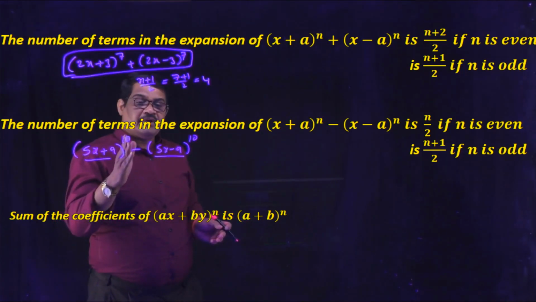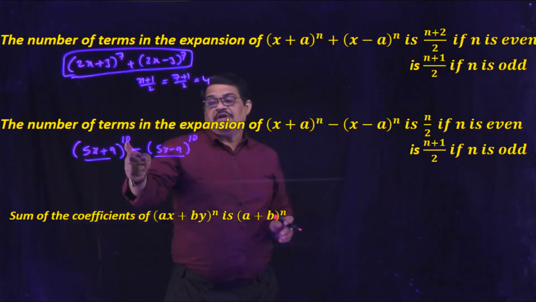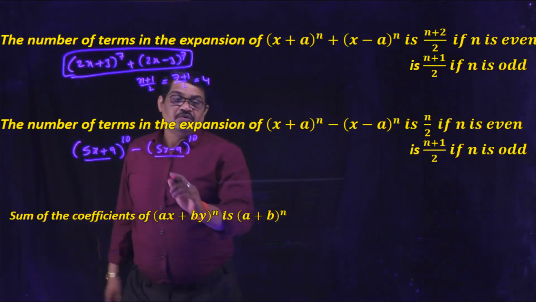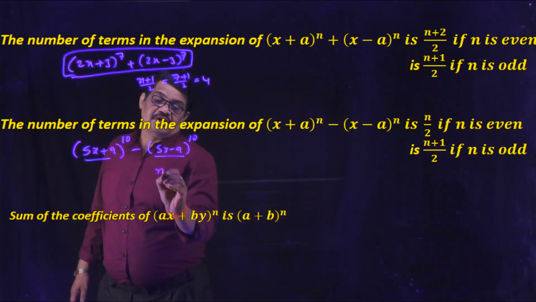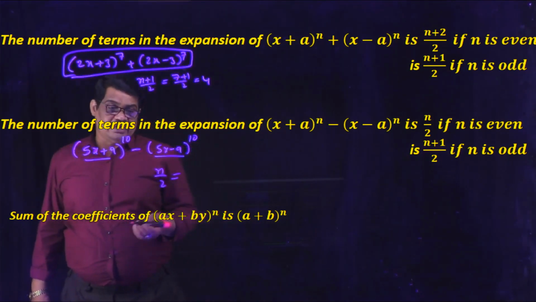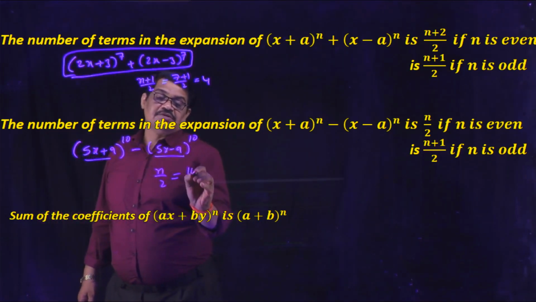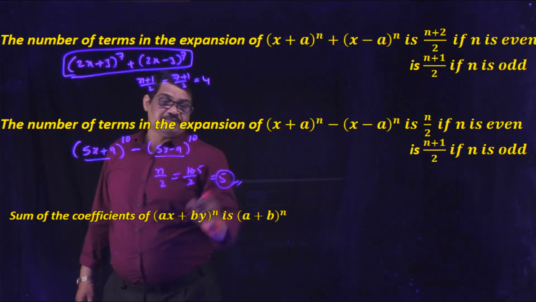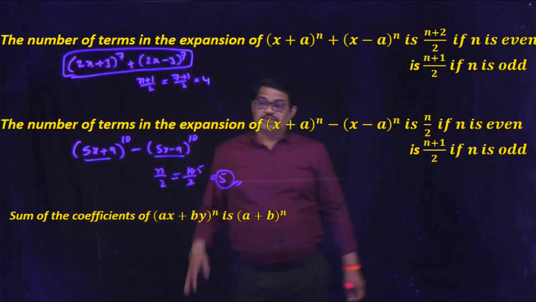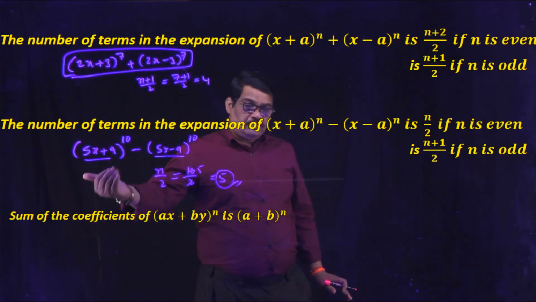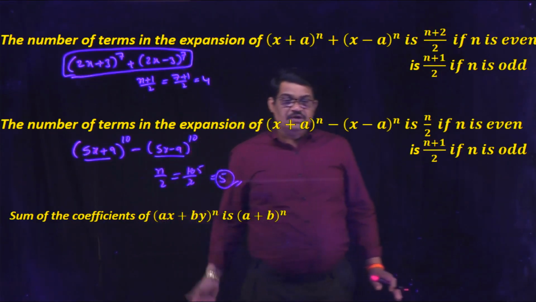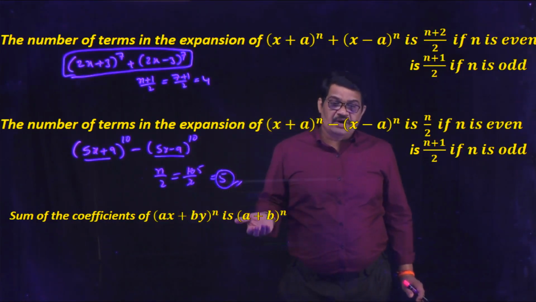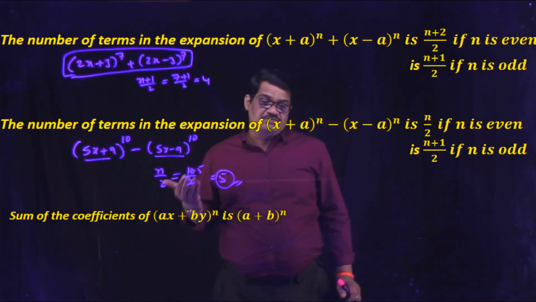If the power is an even number, here 10 is even, the total number of terms in that expansion is n/2, that is 10/2, which is 5. The number of terms in that expansion is 5 terms. So without expanding, we can write the total number of terms. If n is even, then n/2 terms. If n is odd, the total number of terms is (n + 1)/2.